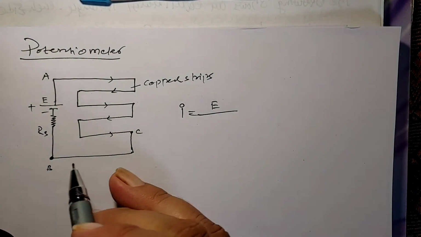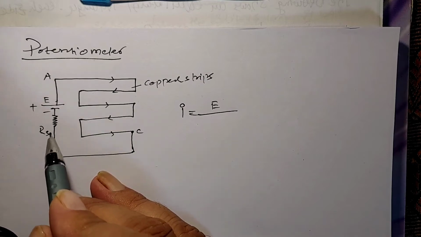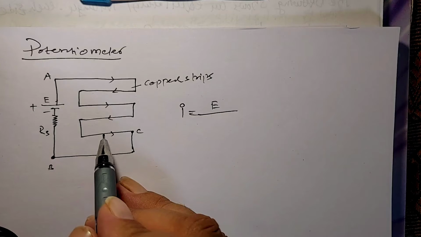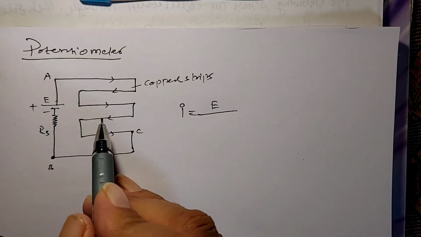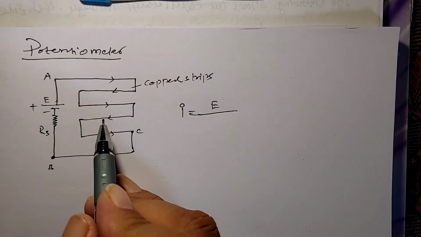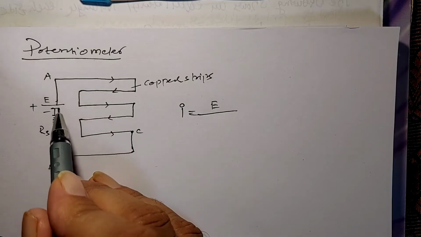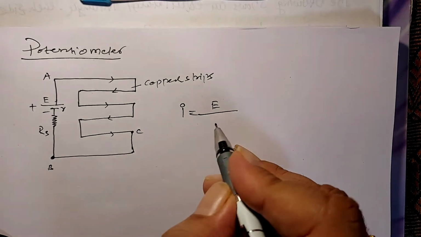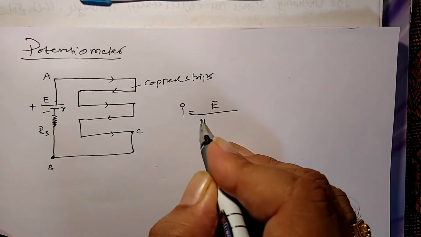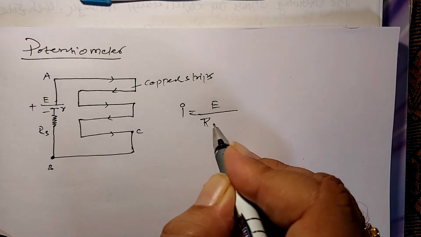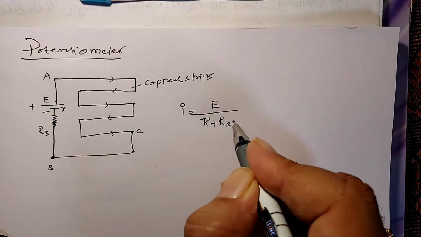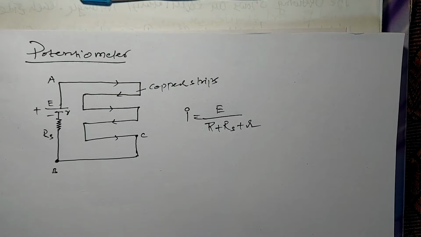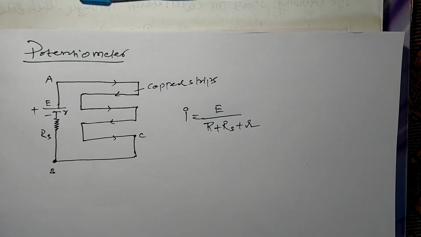Total resistance means the series resistance, the wire resistance R, and the internal resistance of the battery. So I equals E by R plus RS plus r. This is the total current in the circuit.